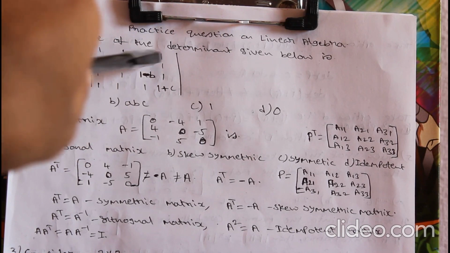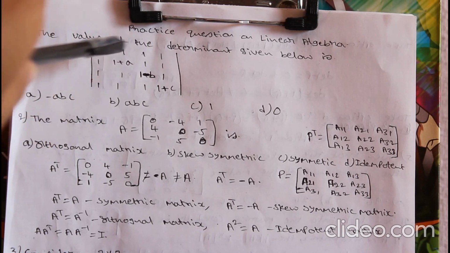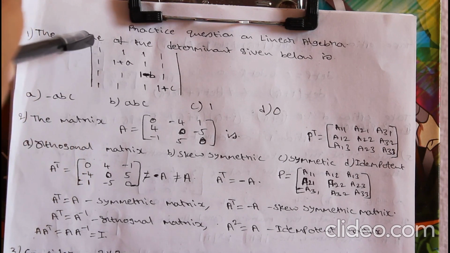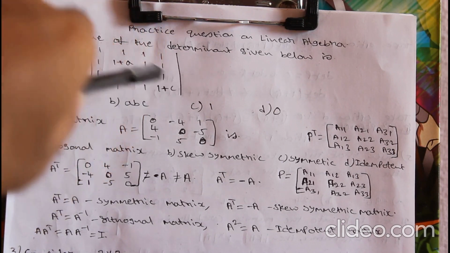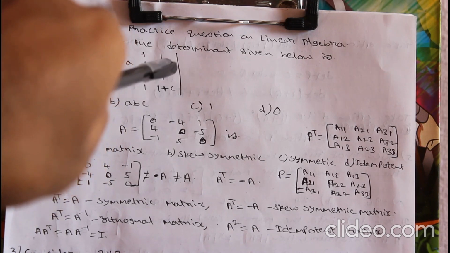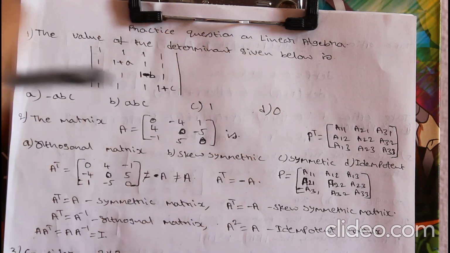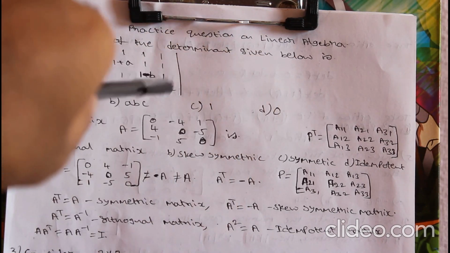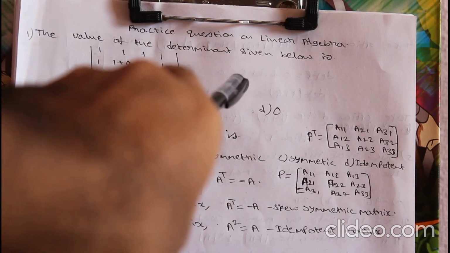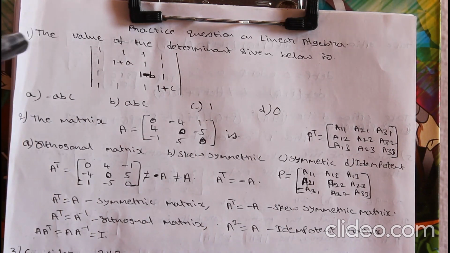You will take one row or column and multiply each element with the corresponding 3x3 determinant. You have to find the submatrix determinant value and multiply it with the element, like that. That will be time consuming, but see here in this question, I didn't show you any steps. I have done mind calculations because of knowledge.